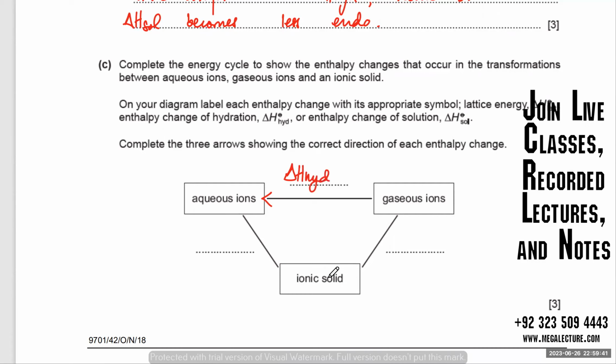What's this part? Ionic solid to gaseous ions, or gaseous ions to ionic solid? The ionic solid to the gaseous ions, and it's the negative of lattice energy. In this direction, that's your lattice energy, right? And what's the last part? Solid ionic to aqueous ions. Yeah, delta H solution.